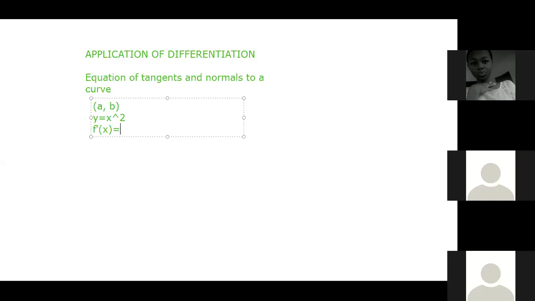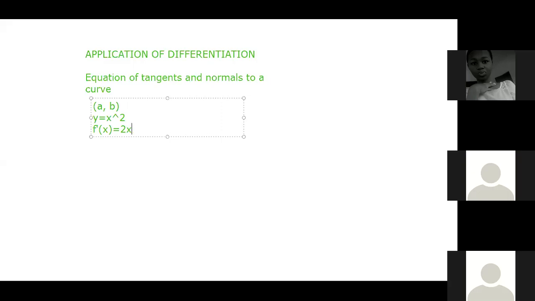Because it's just one prime, I'm differentiating only one time, which is the first order derivative. If it becomes f prime prime, it means the second order derivative, like I taught you the other time, or d squared y over dx squared. If I differentiate this, I'm going to get 2x.